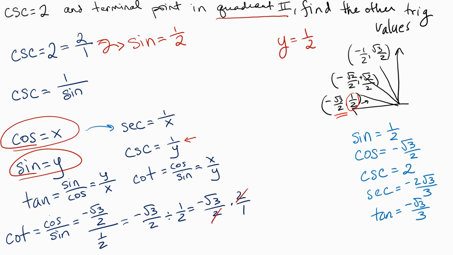Notice that the 2's cancel. And then we get negative root 3 over 1 if you want, but then simplify it to negative root 3. And so our cotangent is negative root 3. And that is how you're going to get all of your trig values at the same time.